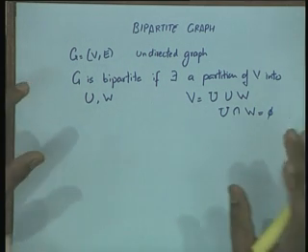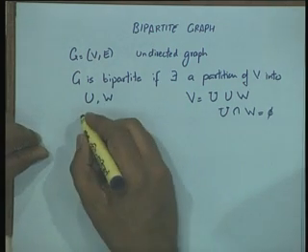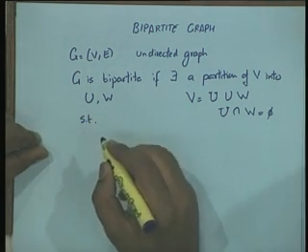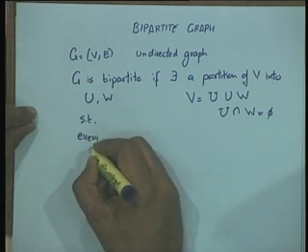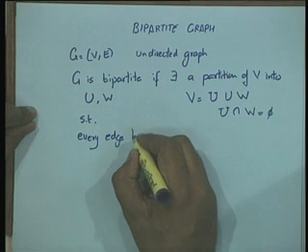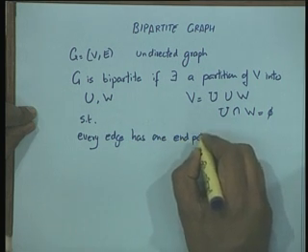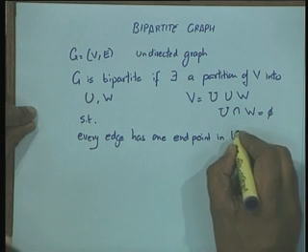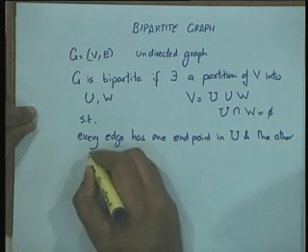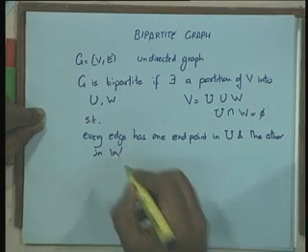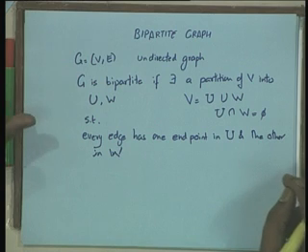I can divide the set of vertices into 2 pieces, U and W, such that every edge has one endpoint in U and the other in W. Every edge has one end in U and the other end in W.